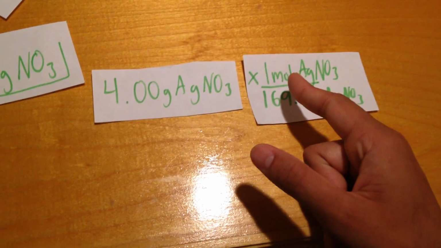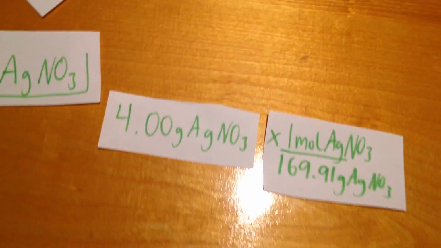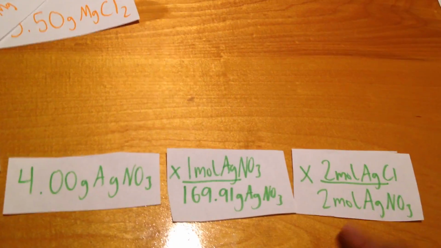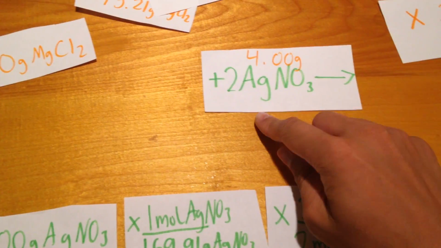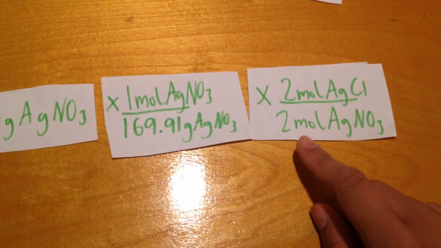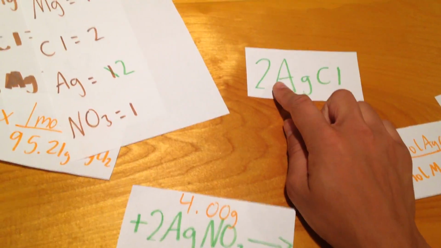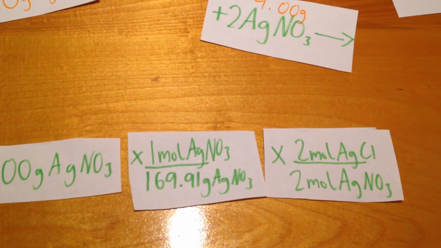Here's the same unit, so that means it's good. Now we have to have the same unit, moles of silver nitrate, on the bottom of the next part. So here we have the same unit, but now we change it to 2 moles because when we balanced the original equation, we have 2 moles here, so we have to convert it to 2 moles here. And for the product, we have 2 moles up here. That's why there's 2 on both sides.